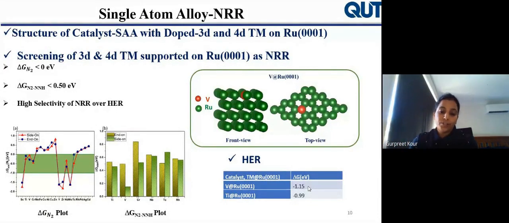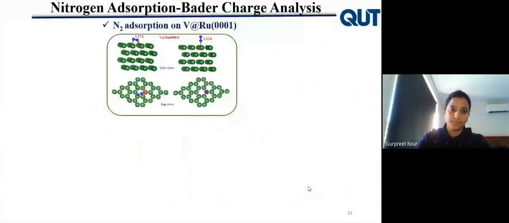In addition to the thermodynamical aspect, we also calculated the kinetic barrier for the hydrogen evolution reaction, and we found that in each case the kinetic barrier was over 1.50 electron volt. So quite high. That means for our catalyst, the HER is quite suppressed, so it's not reducing the activity of our catalyst.